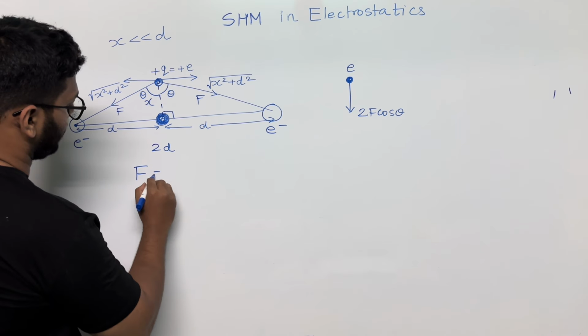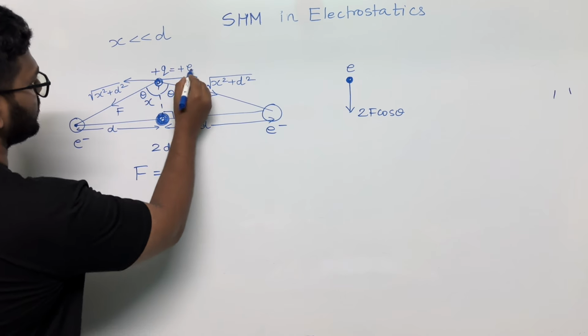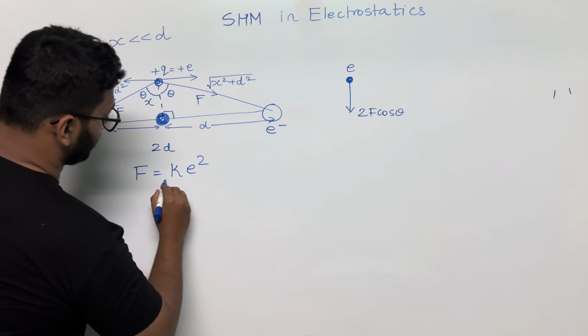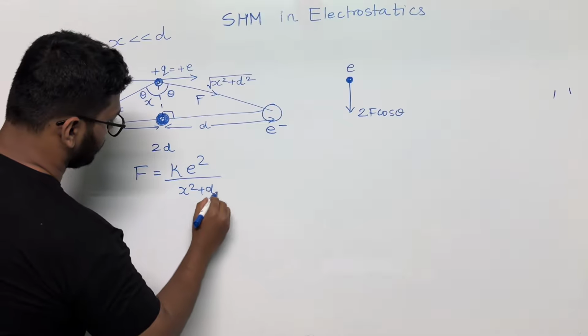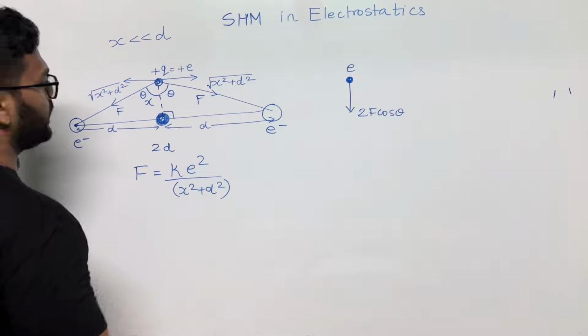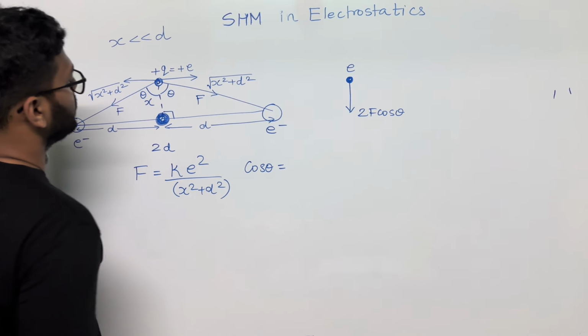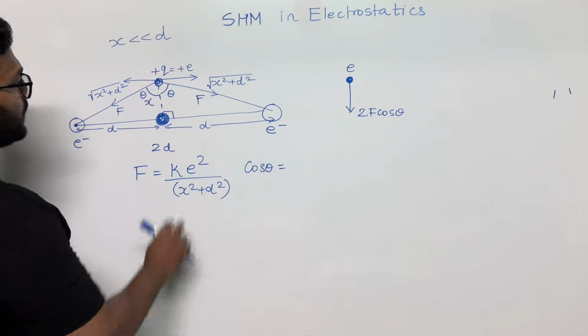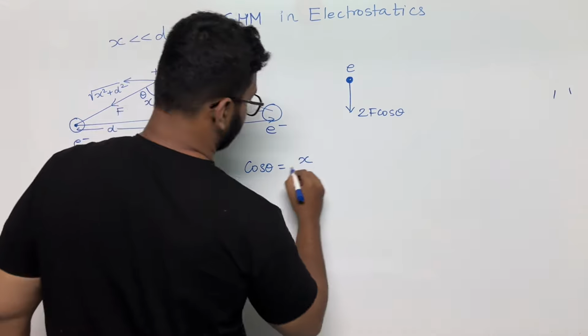Now what is F? If I find out the magnitude of F, it is going to be k, q is nothing but e, so k e square divided by the distance square, which is x square plus d square. Now I will put this value of F there, but what is cos theta? The cos theta will be adjacent side upon hypotenuse, that is x upon square root of x square plus d square.